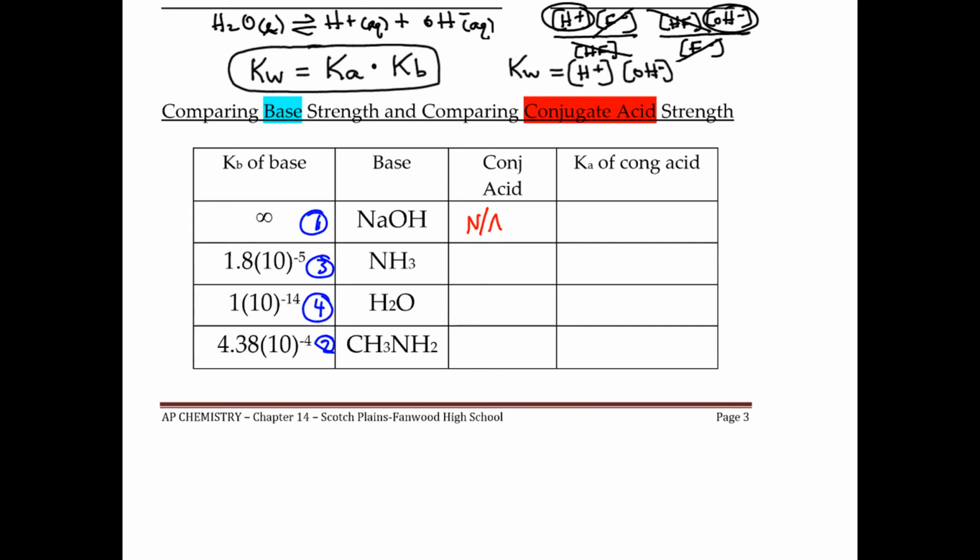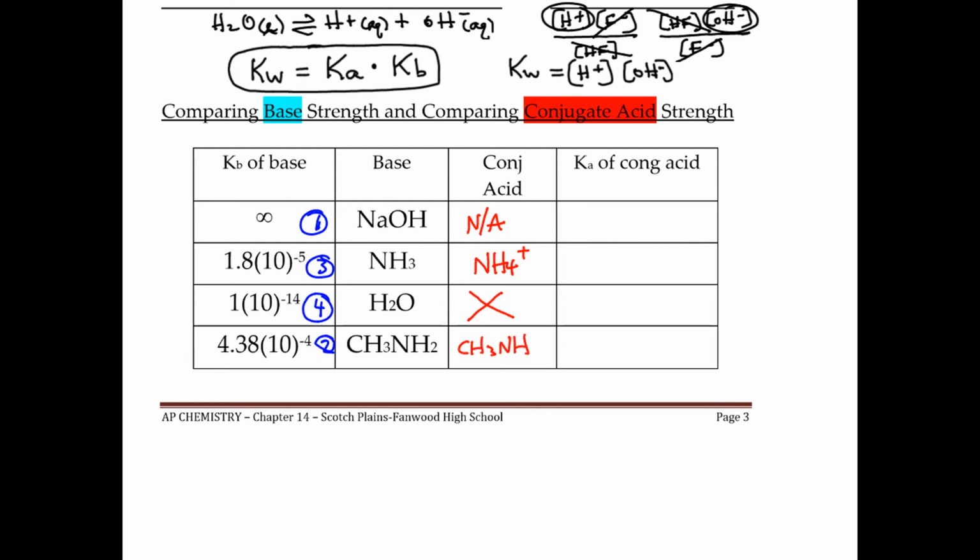Now we're going to look at the conjugate acids. This is going to be not applicable for Na+, okay? So it's only going to be for the last 3. So the conjugate acid is once it gains an H+, this is going to be NH4+. Then this again is not going to count because remember water counts as both an acid and a base.